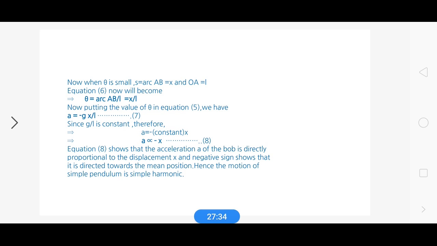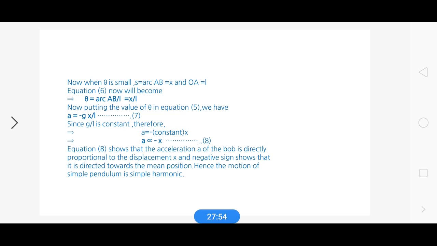So this relation we already discussed in the conditions of SHM. Acceleration is proportional to displacement and opposite to displacement.